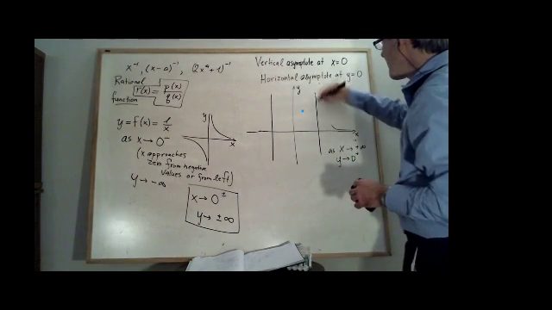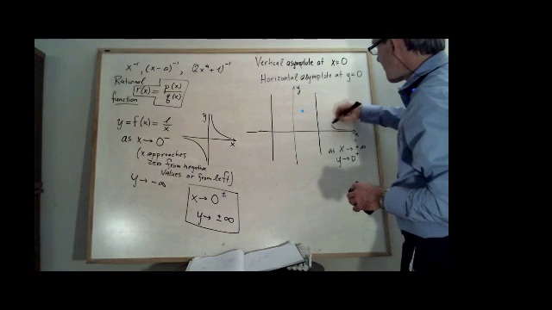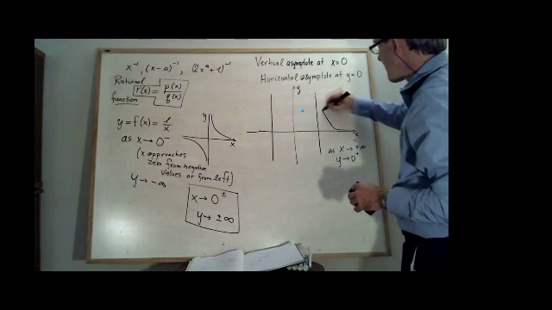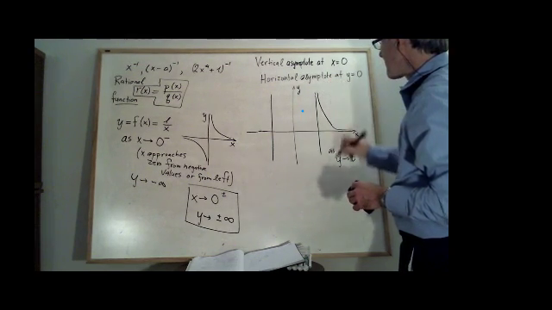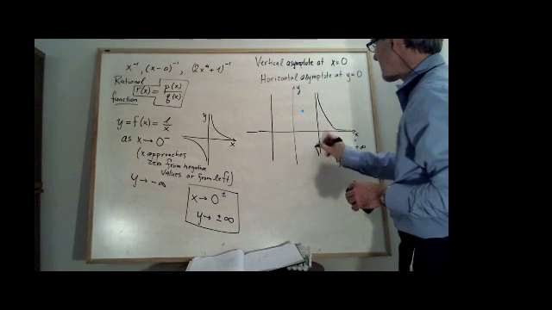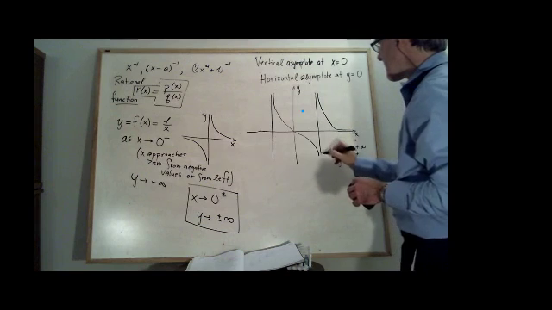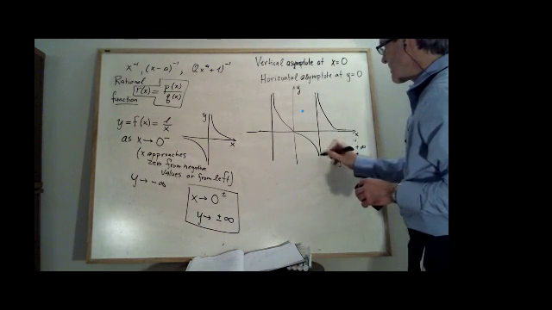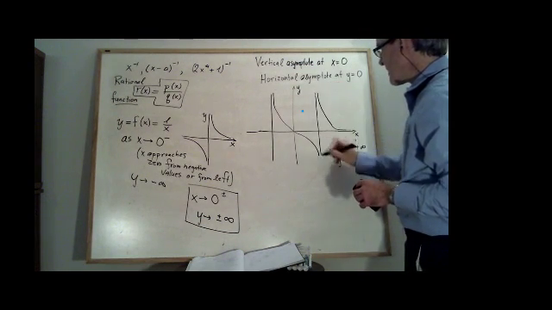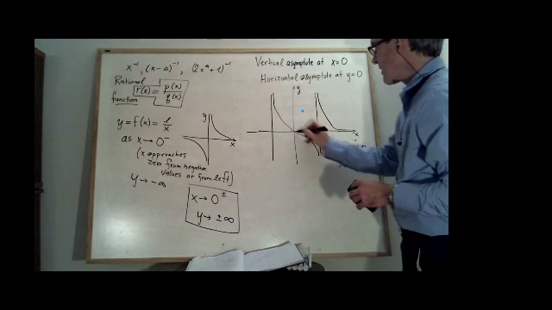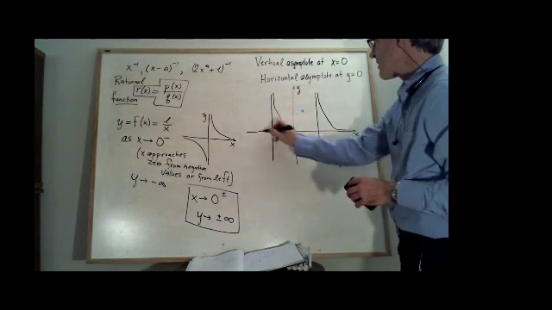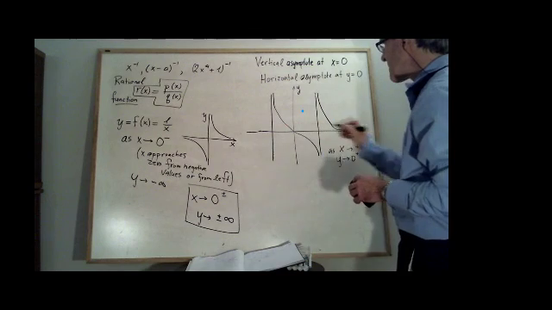Okay, but near this asymptote, you might go up like this. Then it might come over here and do something like this. So it might skip over from y equals plus infinity to minus infinity and then come down. And then it might cross the x-axis. But that's the horizontal asymptote.